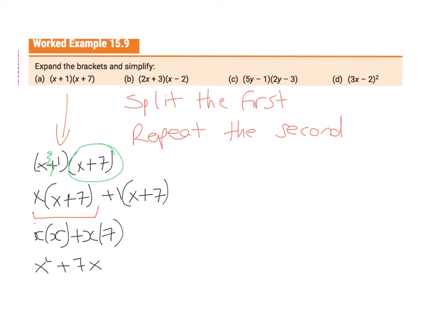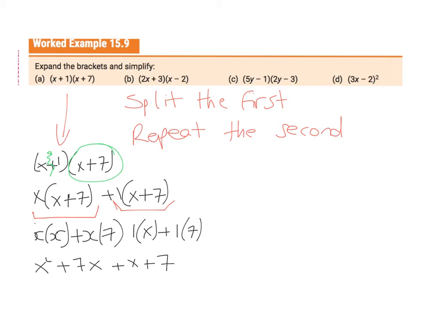I'm going to do the same with the other side. I have a 1 outside the bracket, so I'm going to have to multiply 1 by x and 1 by 7. They're just going to stay as x and 7 because any number multiplied by 1 remains the same number. So I'll end up with plus x plus 7.